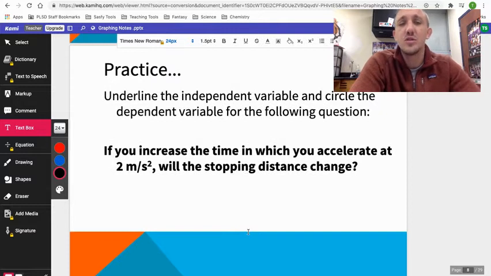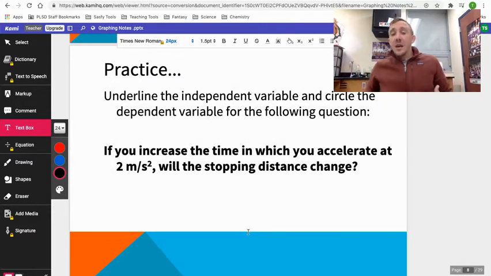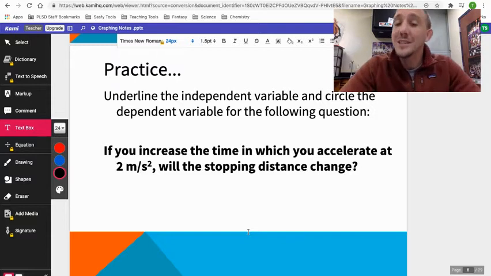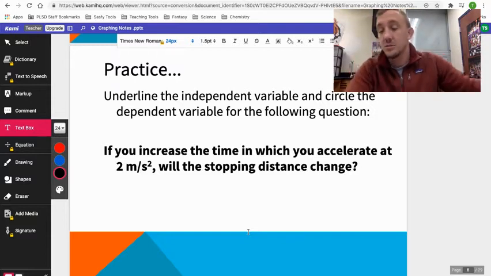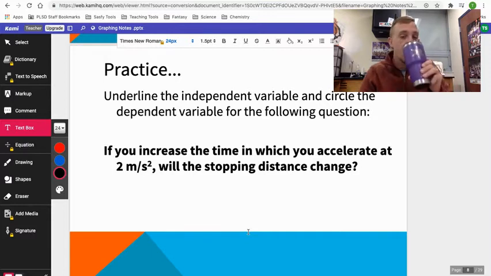I want you guys to go ahead and try one on your notes. Okay, so it said, if you increase the time at which you accelerate at 2 meters per second squared, will the stopping distance change? Okay, so I want you to read through that again and try to determine what is being influenced and what's influencing.